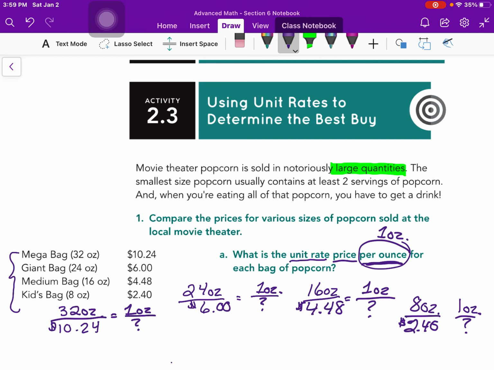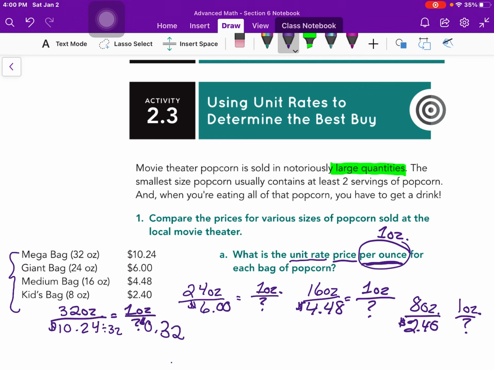And so to get down to 1 ounce, we're basically going to divide by the top number. So we have $10.24 divided by 32 ounces gives you 32 cents for that bag.